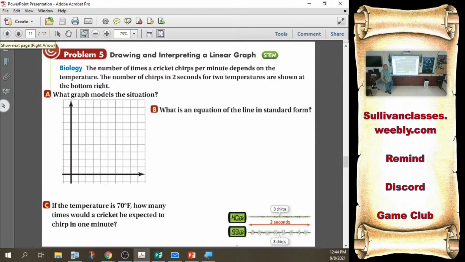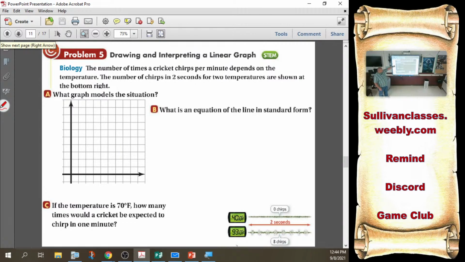I need a graph to model the situation. Before I can do that, I should probably have some sort of equation for this. How do I even start? Okay, label things. Think about independent and dependent variable. Input, output. What depends on what? Go back to the problem.